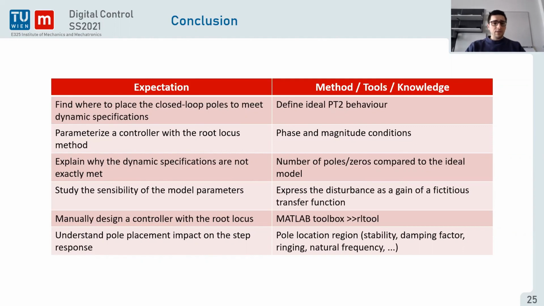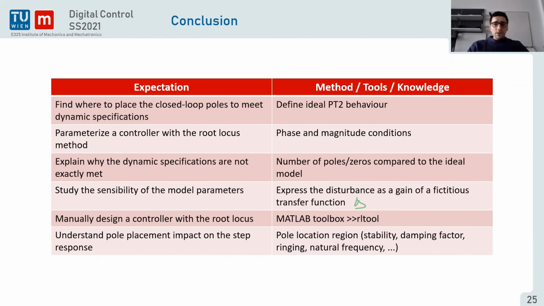Then we studied the sensitivity to the model parameters. So you just have to express this fictitious transfer function exactly like in continuous time, and then draw the root locus with respect to this fictitious pole shifting. We called it delta in the exercise.